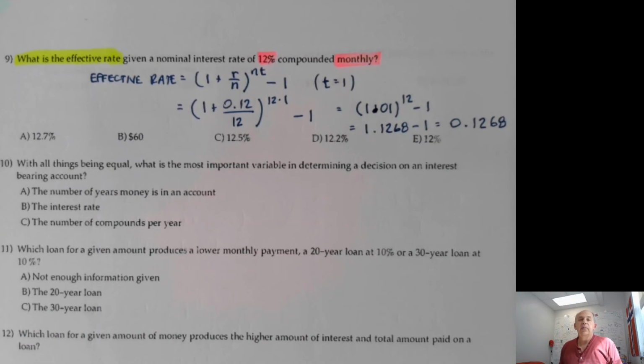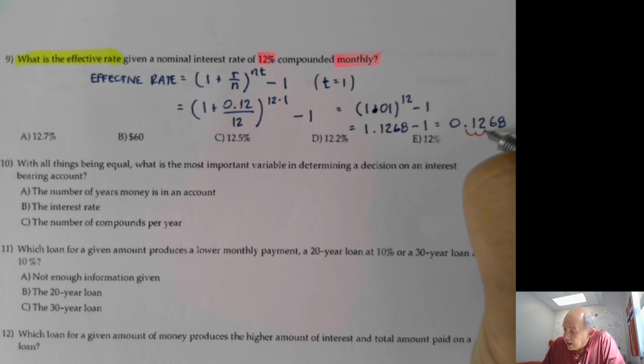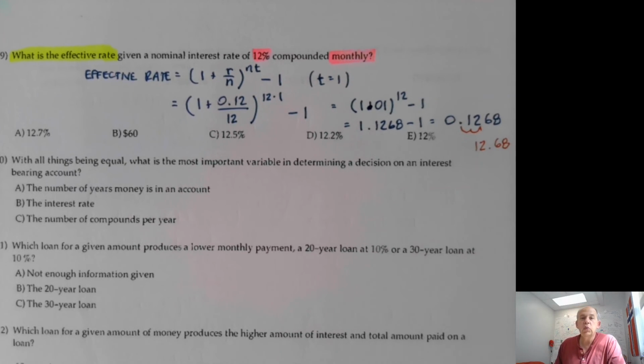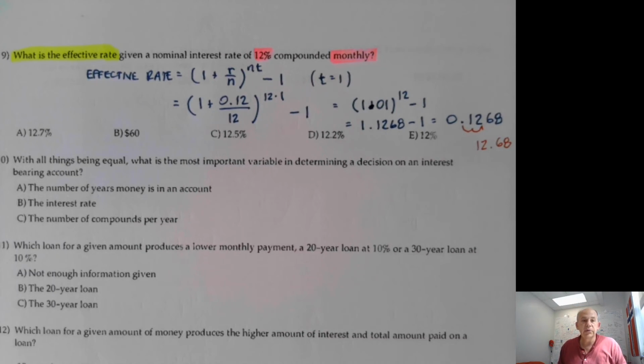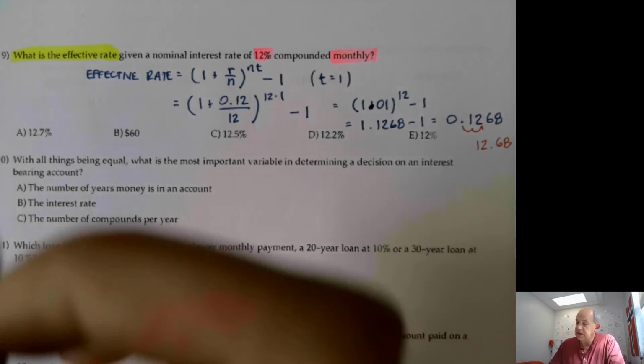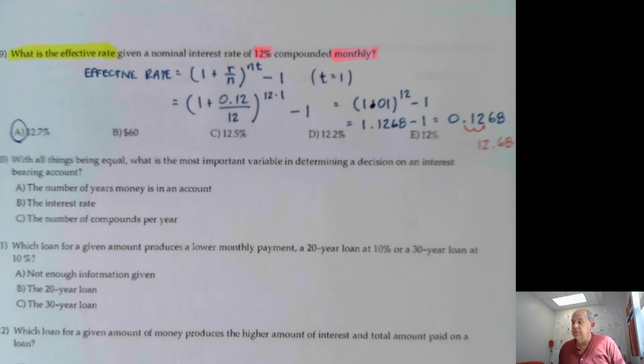So there's the process involved with that. And since this is a percent, I have to move that decimal over 2 places and come up with 12.68%, or 12.7% as my effective rate.